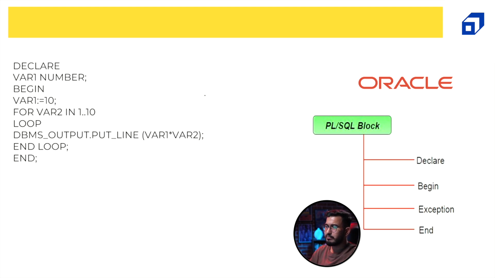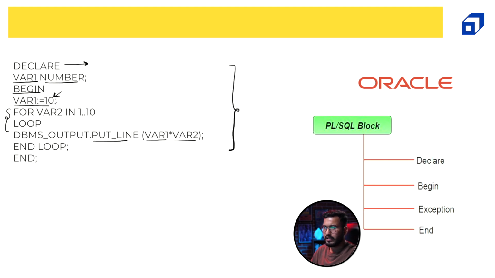Here on my screen, I have presented a simple example of how PL/SQL looks. We declare a variable var1 with the data type number. We begin the operation. Variable 1 is given the value 10, and then we have written a for loop to display the output, which is the multiplication of variable 1 and variable 2.